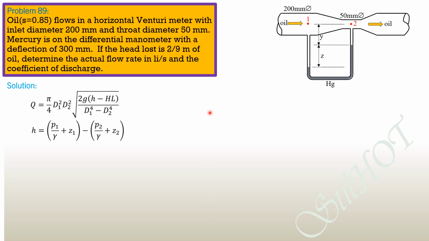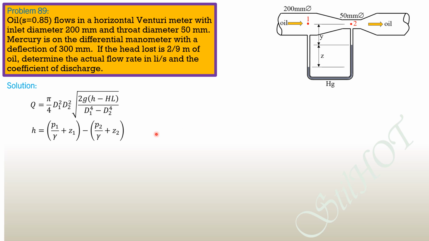Even if the orientation is inclined or vertical, there's no problem with h here, because this is the expression for h, and whatever is the derived expression for h here will also be applicable for any orientation of the Venturi meter, whether it is inclined, horizontal, or the flow direction is vertically upward.